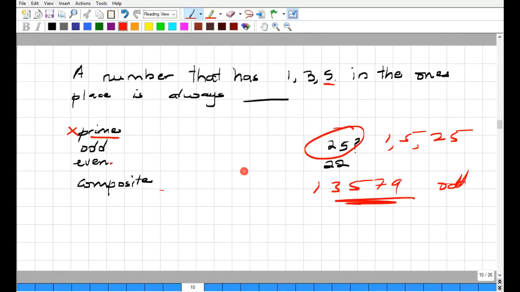If they are divided by 2, they'll always have a remainder. So let's go with this again. We know that they are not even, they are not prime, and a composite number has more than 2 factors, right? So it is not composite, so we can't use this, but we are certain that they are always odd. So any number that has 1, 3, 5, etc. in the ones place is always considered an odd number.